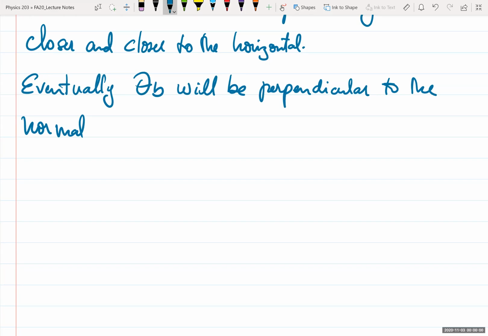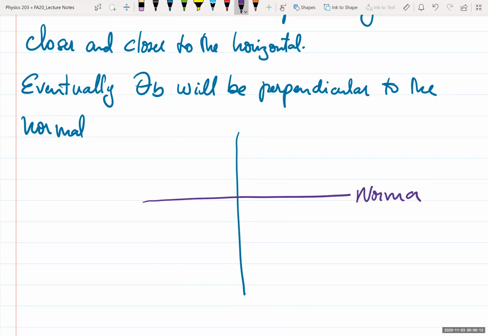If I draw my boundary here, and I have my normal, I have a particular angle, theta sub A, that will make my theta B 90 degrees with respect to the normal.